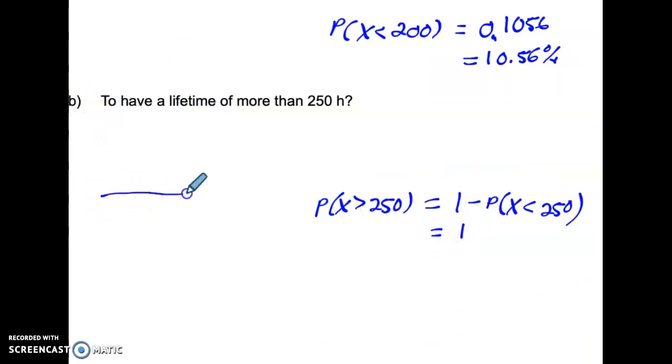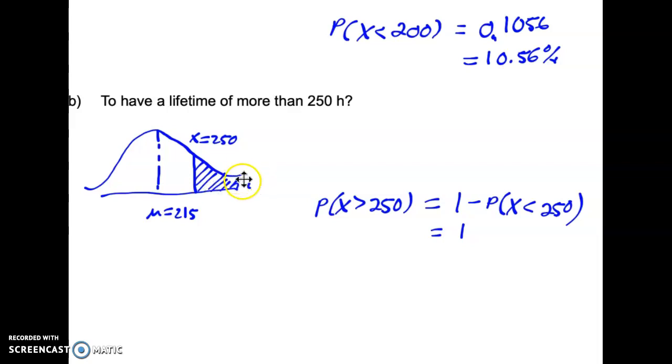So we're going to draw out our normal distribution. Our mu is always the same, it's 215 for this question. And we are trying to find when x is 250. And we want it to be more than, so our goal in the end is going to be to find that blue area.